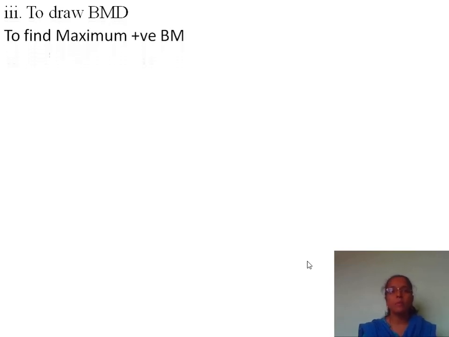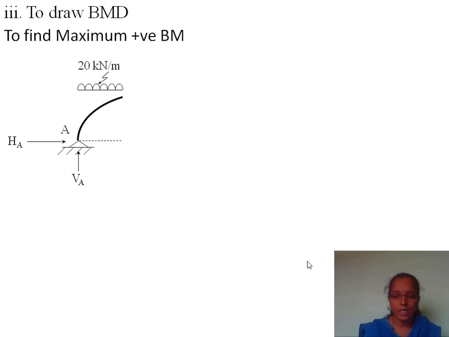To draw the bending moment diagram, we must know the bending moment at different salient points. So we know that bending moment at A, B, C are 0, but under the load we will obtain the maximum positive bending moment. Therefore, let us consider any section XX at a distance x from the left end as shown in the figure.